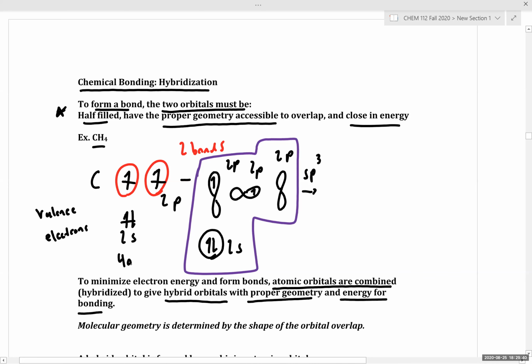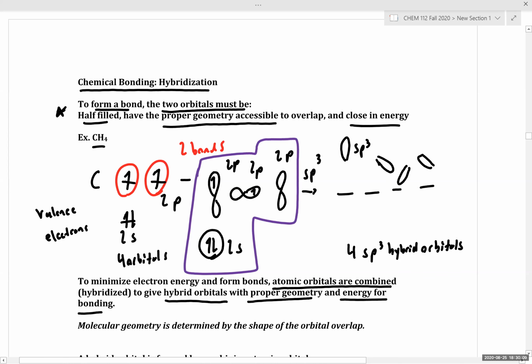If we take 4 orbitals and hybridize them together, we get a total of 4 hybrid orbitals of the same energy. And these sp3 orbitals have a very different geometry and shape than our p and s orbitals individually.